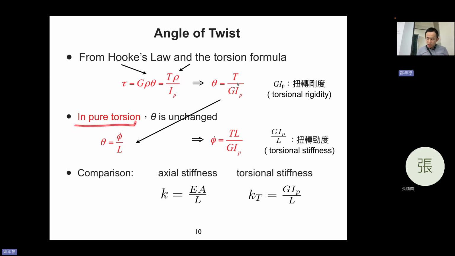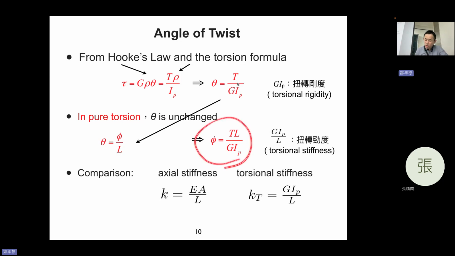And in pure torsion, theta is constant, so theta equals phi divided by L. If we substitute this theta here, we can obtain phi equals TL divided by G Ip. So phi is equal to TL divided by G Ip. Phi is the angle of twist, the result of the torsion.